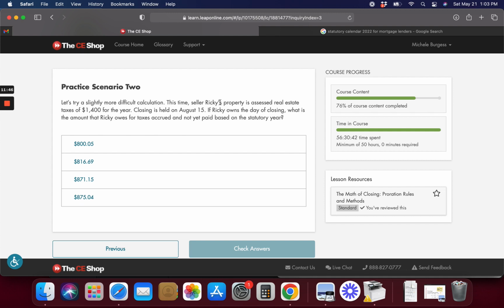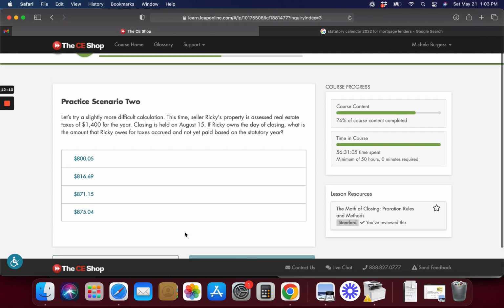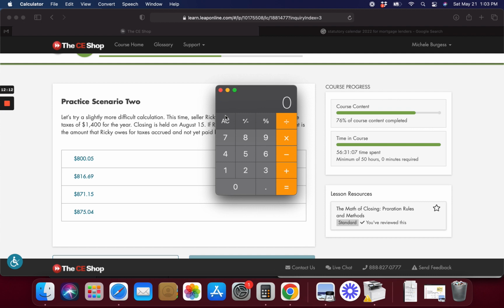Okay. All right. This time his property is assessed real estate taxes $1,400 for the year. Closing is August 15th, so it's going to be September, October, November, December, 4.5 months. I mean, we can try and figure this out. I don't know if we will.